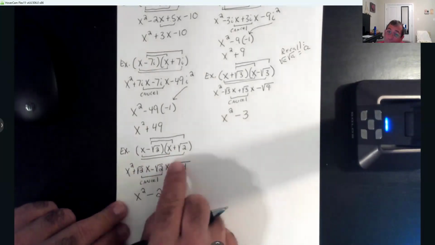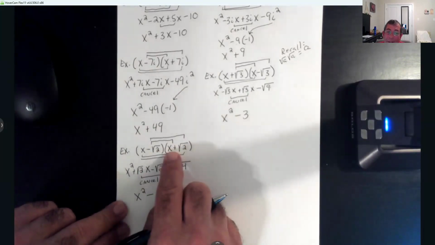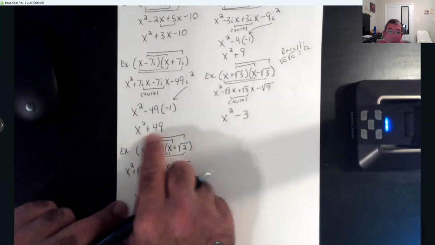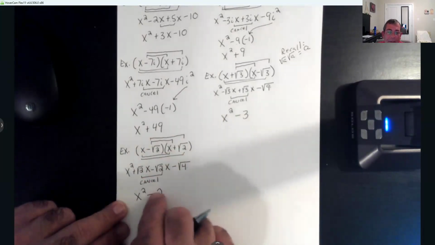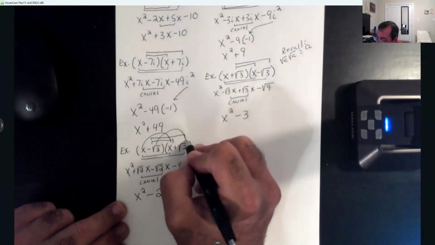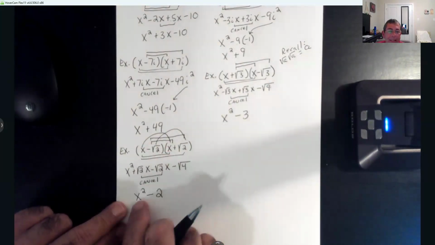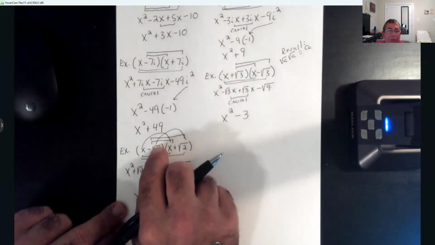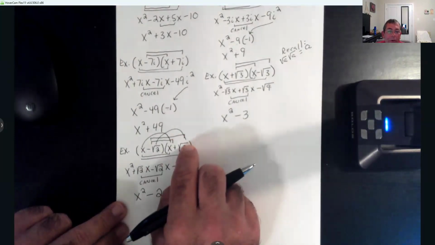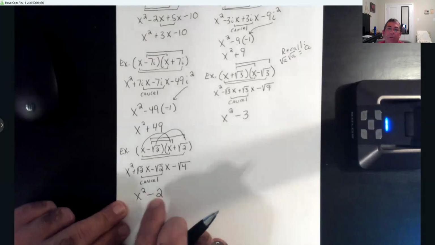So y'all, if you notice, if it's conjugate pairs, you can basically almost shortcut these and get the final answer. You can multiply the first two together and then the last two together to get to these answers. Because x times x is x squared. Negative square root of 2 times square root of 2 basically ends up as being a -2.